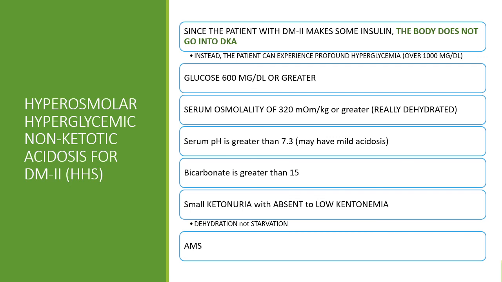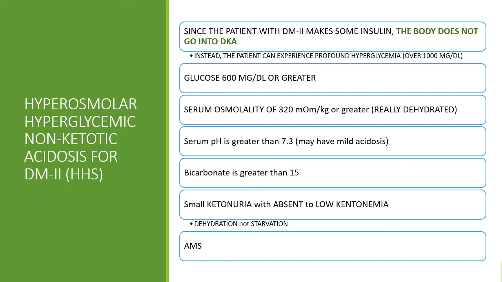Bicarb is greater than 15, and they have possibly small ketonuria with absent to low ketonemia, so there's no ketones in the blood, and this is because they're really dehydrated, but it's not starvation ketosis.